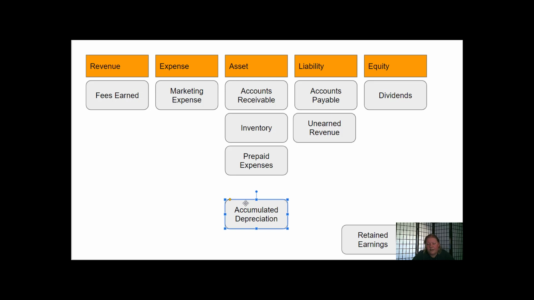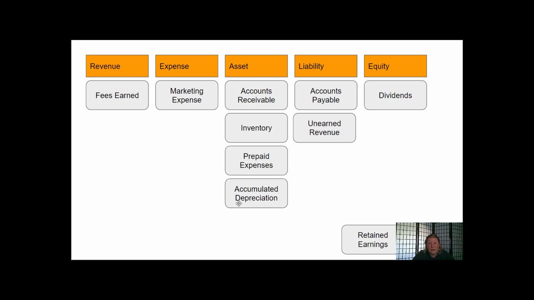Now this is a special kind of asset called a contra asset. A contra asset has a negative balance when the rest of the assets have a positive balance. If you're familiar with debits and credits, it's going to have a credit balance when all of the other assets have debit balances. Hopefully that's a little bit helpful.